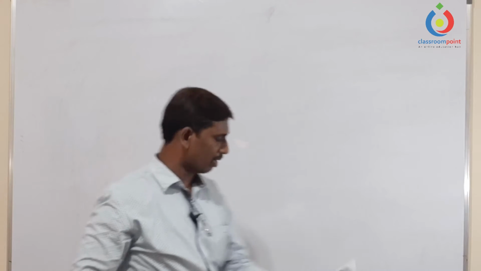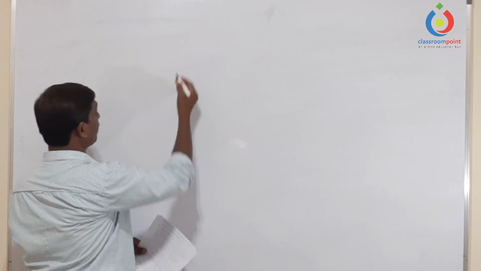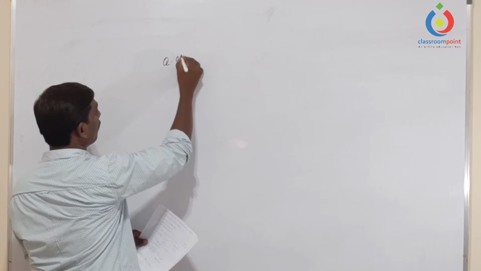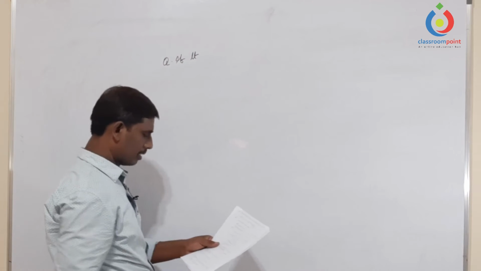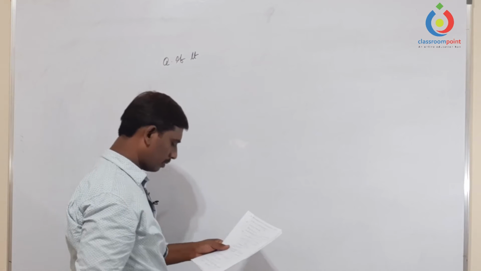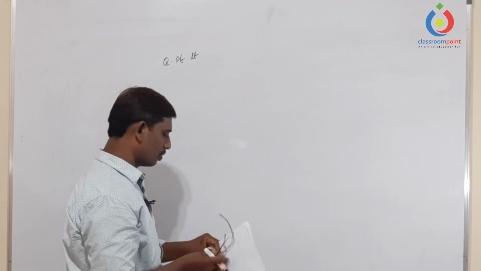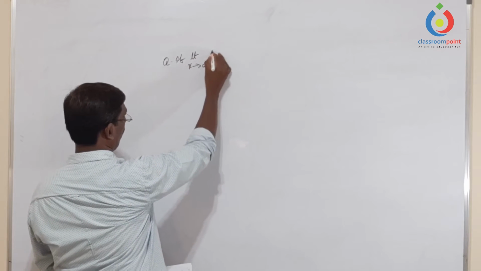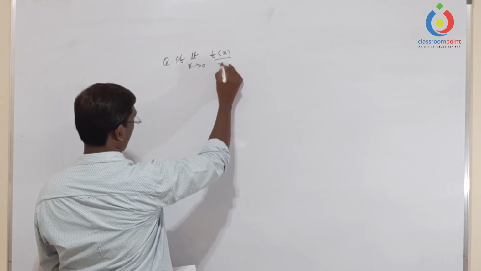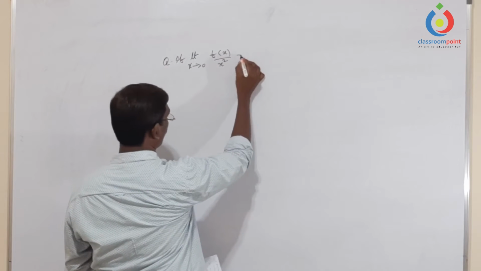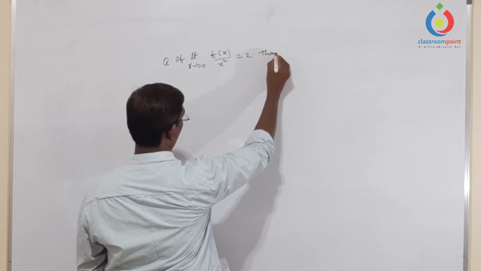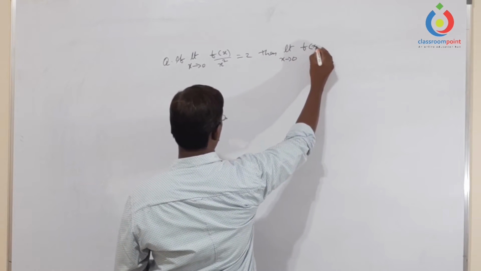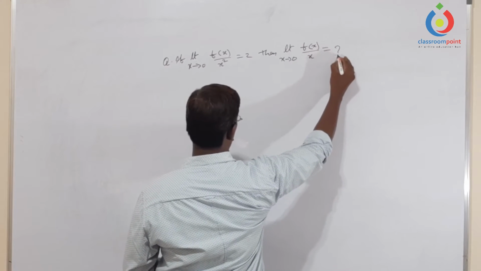Already everybody knows it, I think. The question is: if limit x tends to 0 of f of x by x square is equal to 2, then limit x tends to 0 of f of x by x is equal to how much?